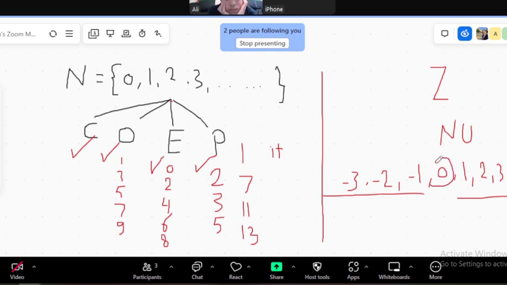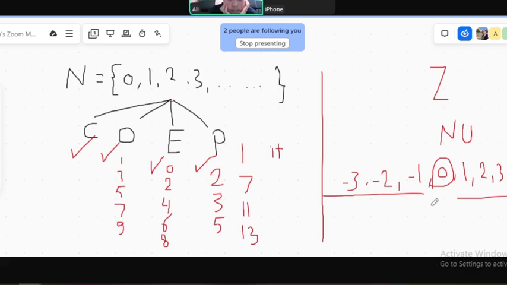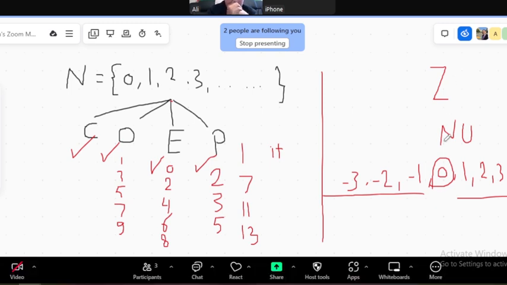But who can tell me, is 0 positive or negative? It's nothing. Not positive and not negative. Excellent. So the set of integers is the positive numbers union the negative numbers union the set of 0.